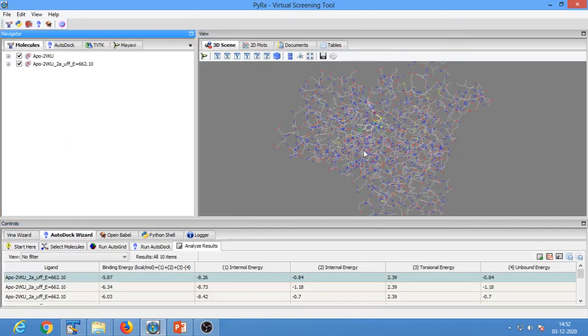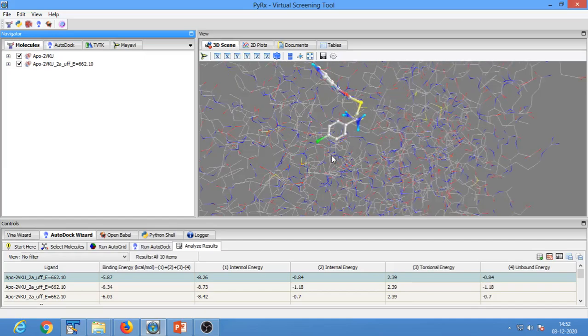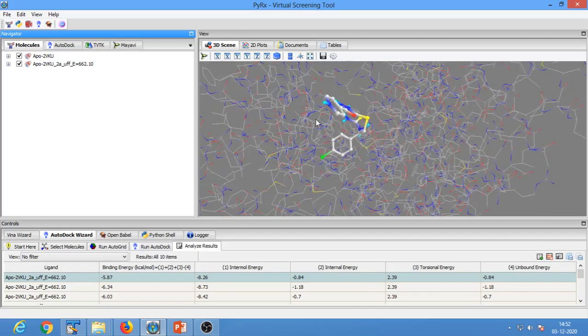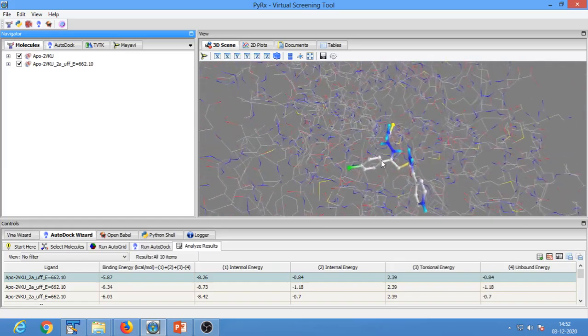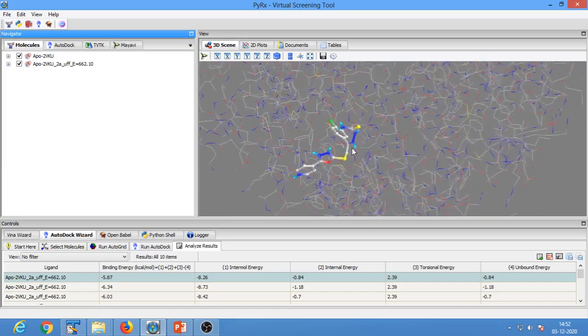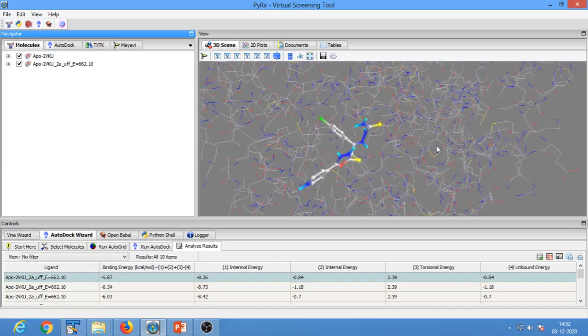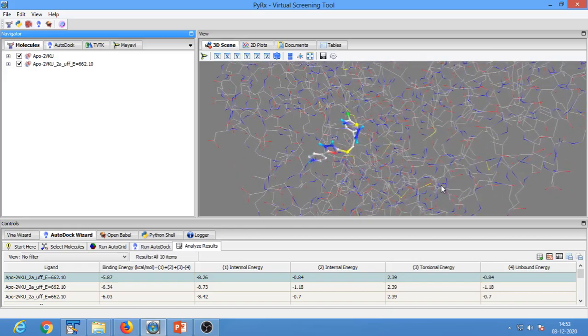Now as you can see, what you see in line representation is your protein, and I will zoom in, and what you see in stick representation is your ligand. I have already performed this molecular docking experiment, in which I have docked this ligand molecule, which is a drug-like small molecule, into one of the receptors which has PDB ID 2VKU.